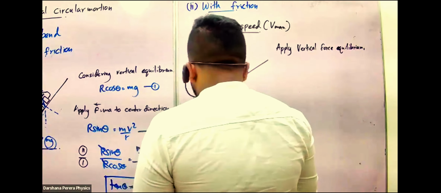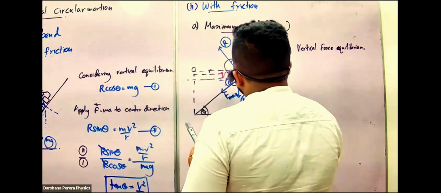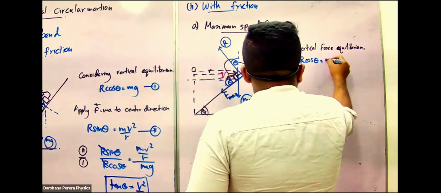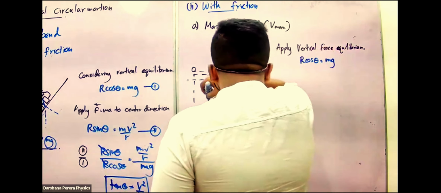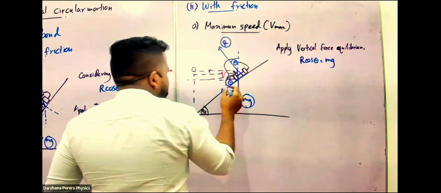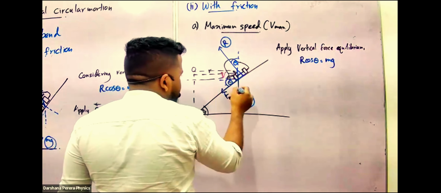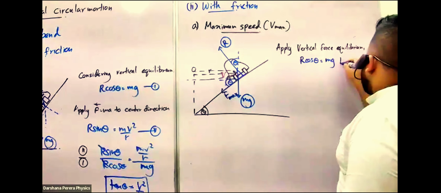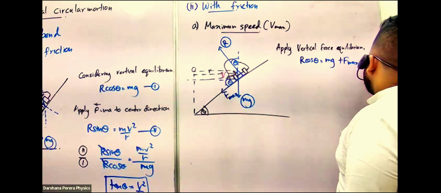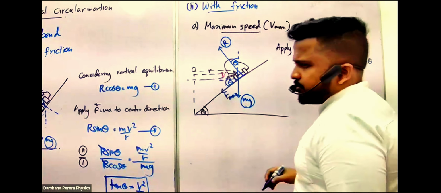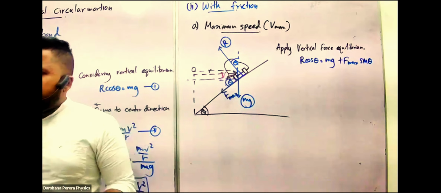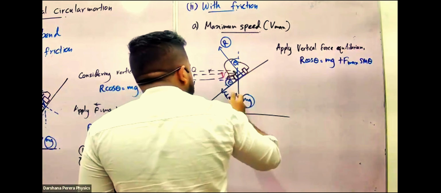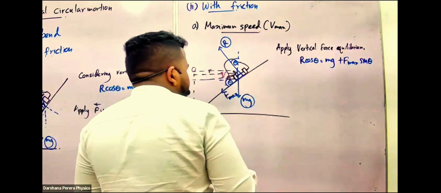When we apply vertical force equilibrium, what is it? R cos theta equals mg. Not only mg. Why? The frictional force is acting in this direction. We have to consider that also. F max sin theta. R cos theta equals mg plus F max sin theta.